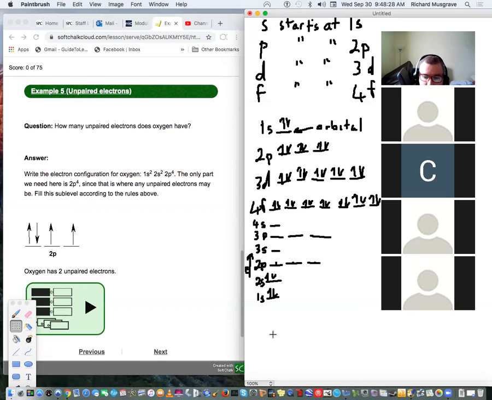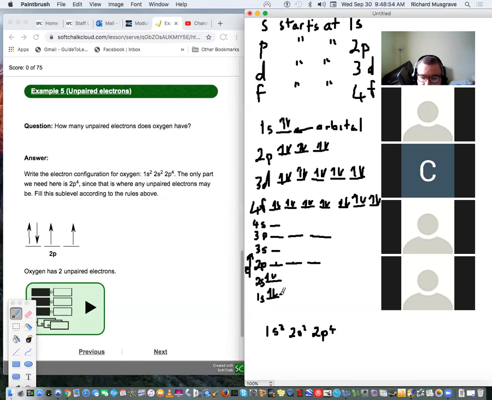Okay, so for oxygen, we're looking for the number of unpaired electrons that it has. If there are going to be unpaired electrons, you need to understand that the only place they could be is in the outermost or highest energy orbital that we're drawing. When we do the electron configuration for oxygen, which is 8, it's going to be 1s2, 2s2, 2p4.